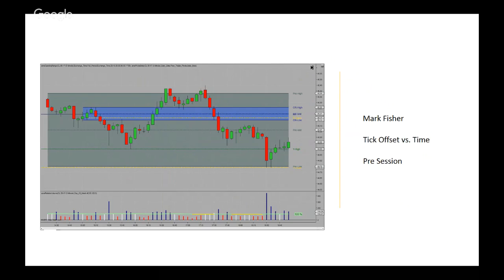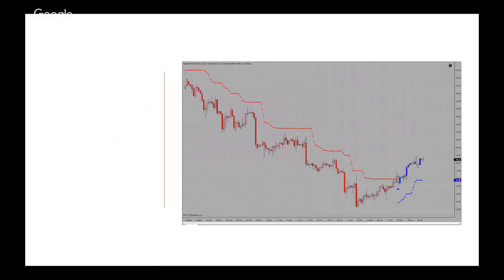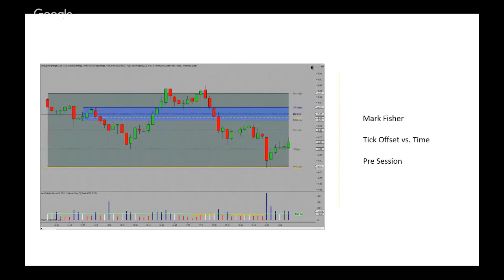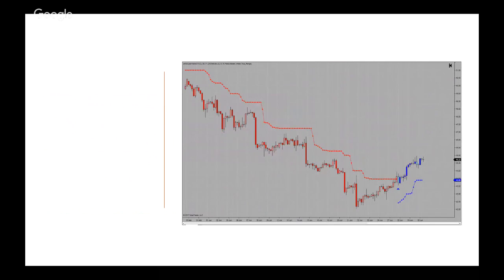In the webinar that I did, we also showed this together with the Supertrend. I discussed how you can combine this opening range with the Supertrend. For example, you can use the Supertrend to filter long and short trades.